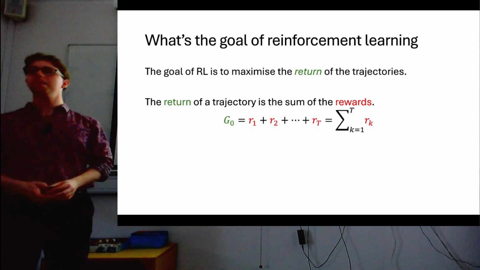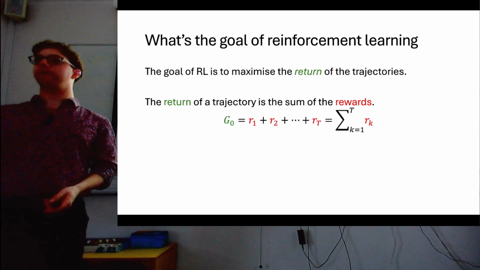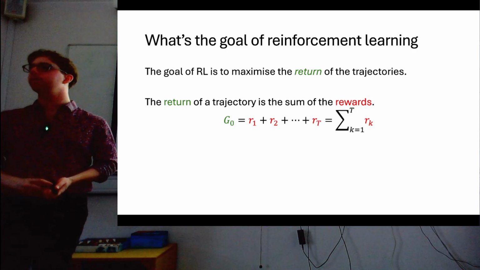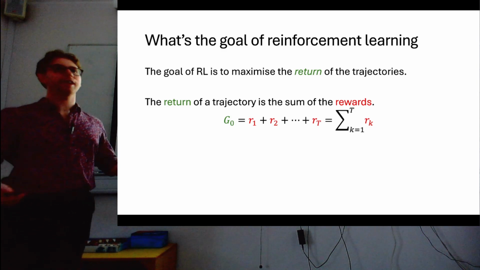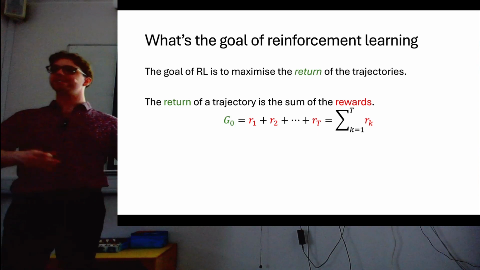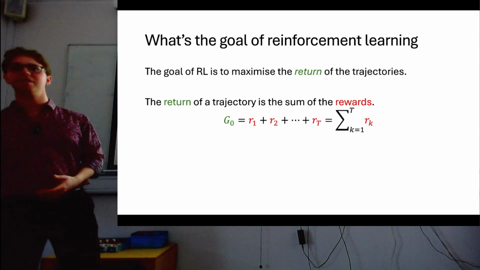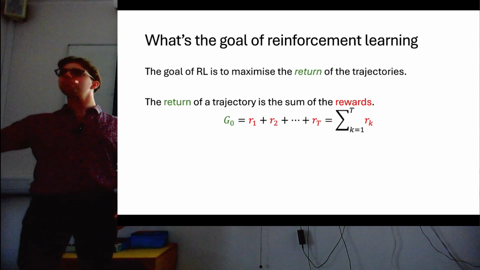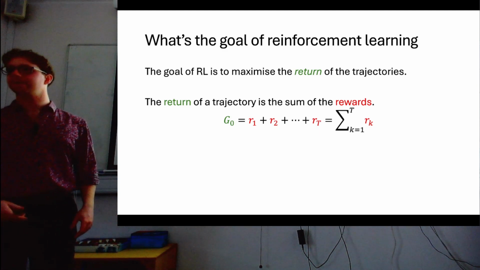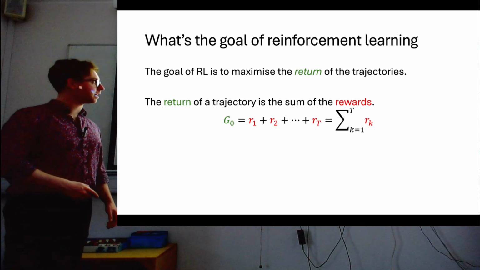Whereas there might be another action I could take that doesn't generate any immediate reward, but does put me in an excellent position later on. In very human terms, this is the problem of delayed gratification. Sometimes there are things that we can do that don't bring us immediate benefit, but do bring us benefit later on, and we want our agent to learn how to do those things. Like a PhD.